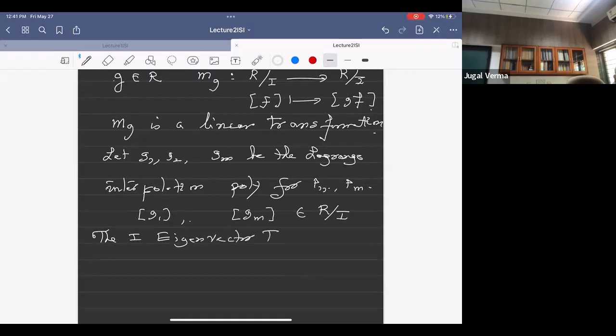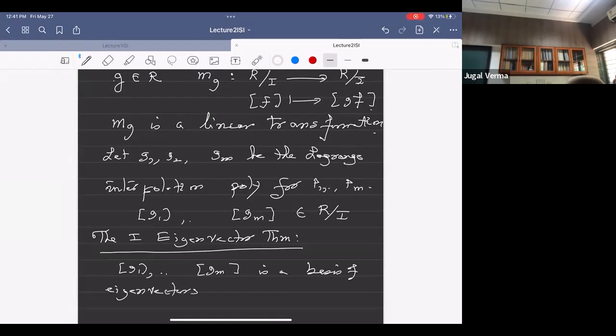It says that the residue classes of Lagrange interpolation polynomials are a basis of eigenvectors of the linear transformation Mg from R mod I to R mod I. Here I must assume that I is its own radical. That is the assumption: take a variety defined by a radical ideal.